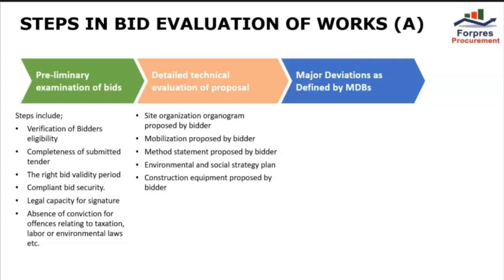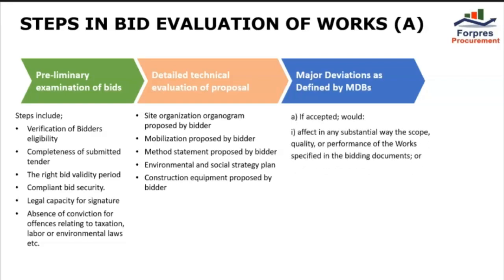At the end of step 2, which is detailed technical evaluation, the bid evaluation committee must determine which bids are substantially responsive. A substantially responsive bid is one that has no major deviations from the requirements of the bidding documents. Major deviations are defined by the MDBs as A, if accepted, would 1.